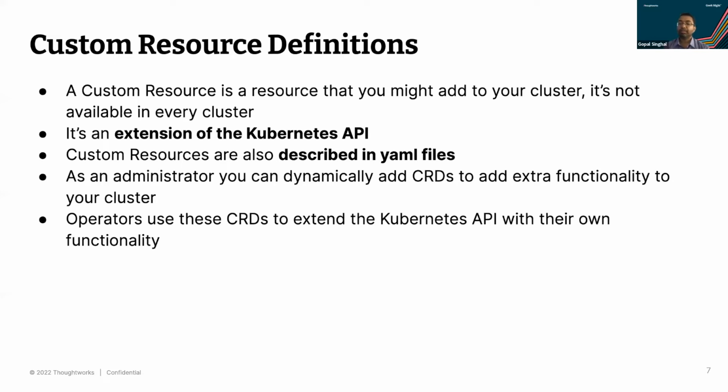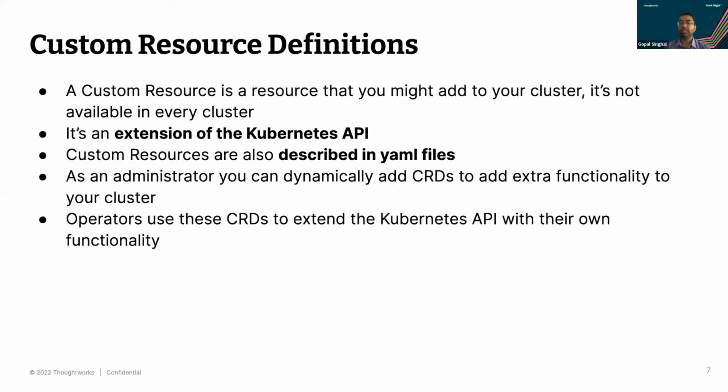Now, what are CRDs? As I mentioned earlier, while introducing this presentation, CRDs or custom resource definitions are a feature that enables users to add their own custom objects to Kubernetes and use them like any other native Kubernetes object.